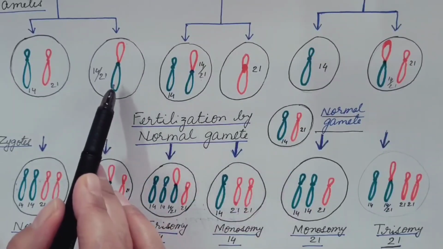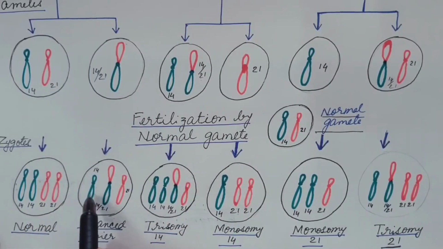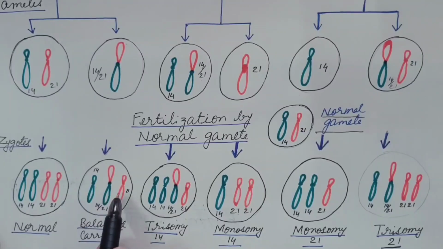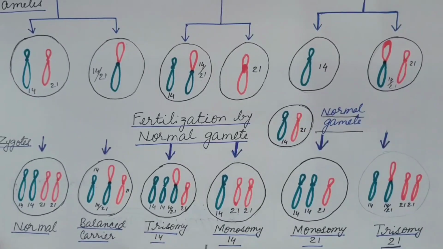If this fuses with this gamete, it will have one copy of normal chromosome 14, one copy of normal chromosome 21 and one 14 by 21. So this individual will be a balanced carrier because it has genes present in chromosome number 14 and genes present in chromosome number 21 in 2 copies. So it will behave normal, but it will be a carrier.